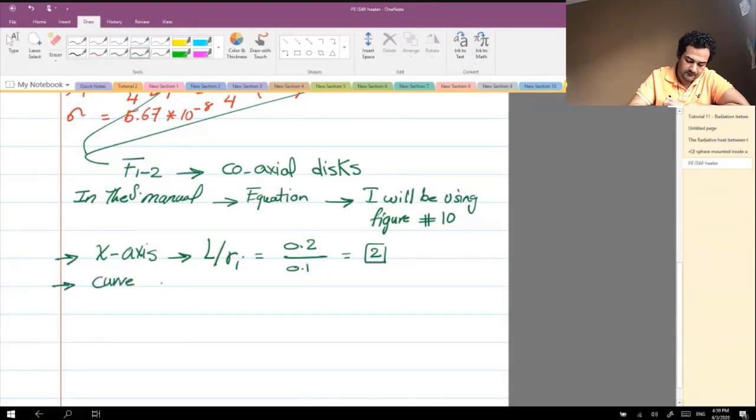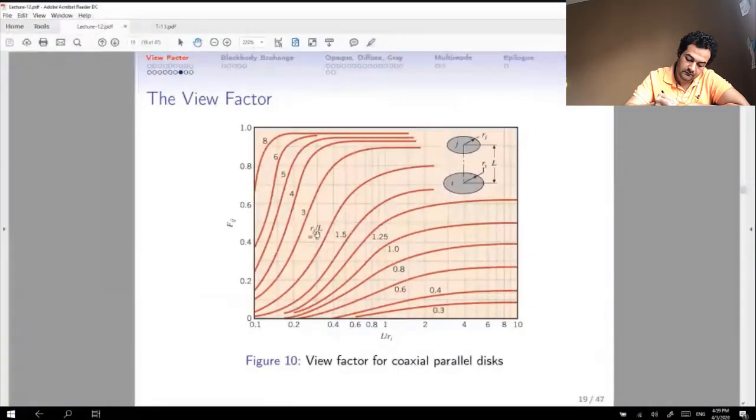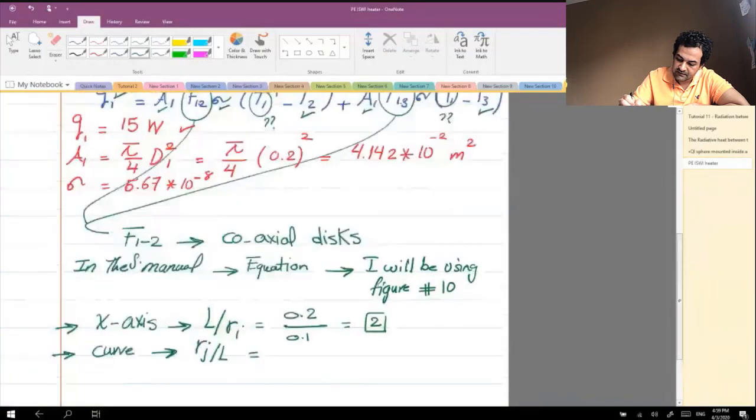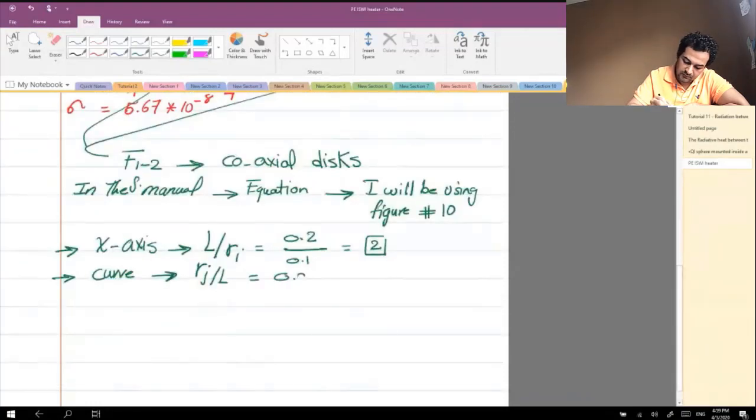The curve value is Rj over L, so we have to calculate Rj over L. Rj is the radius of the big disk, and the diameter was 0.4, so the radius is 0.2, and the length is 0.2, so it is 1.